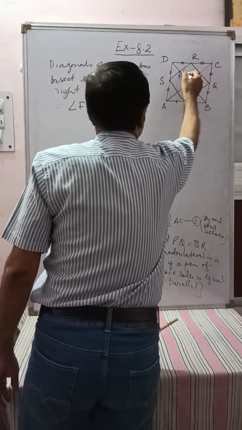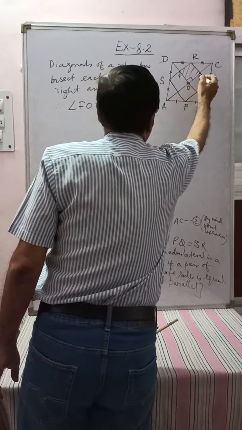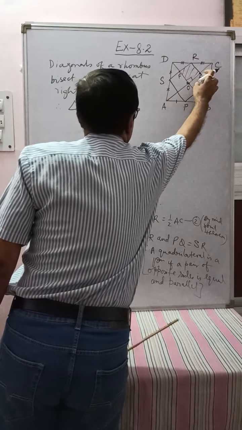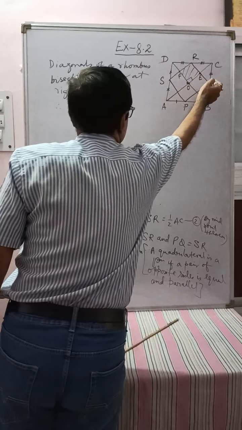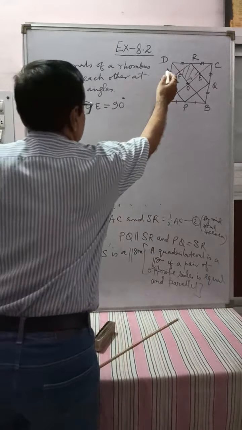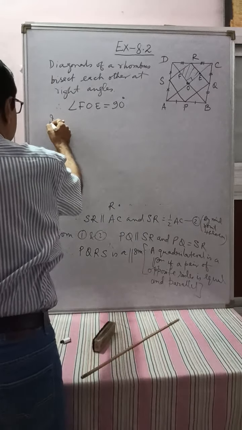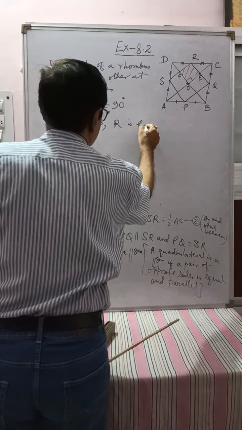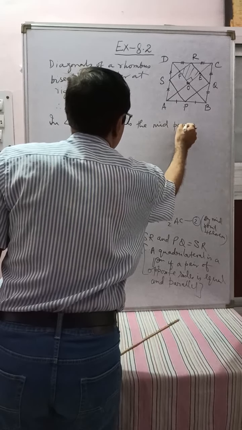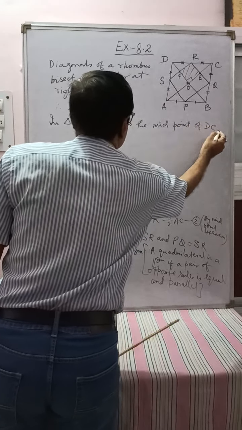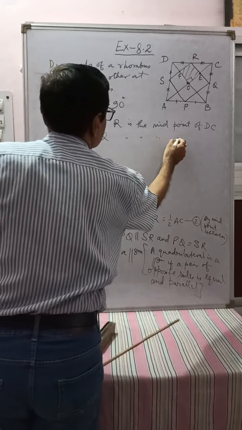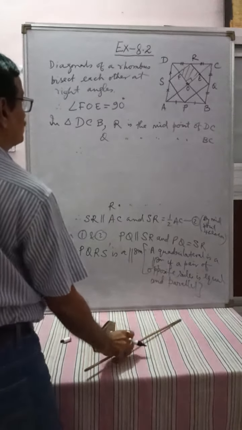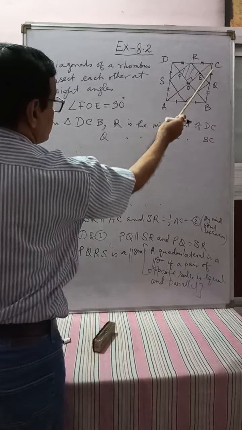Now we are taking up this figure. In this figure, we have already proved SR is parallel to AC, which means its part FR is parallel to OE. Now we have to prove RQ is also parallel to DB. For that we take triangle DCB. In triangle DCB, R is the midpoint of DC and Q is the midpoint of BC.